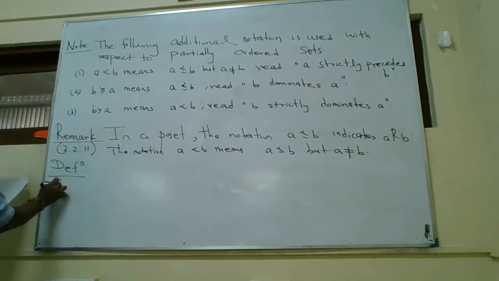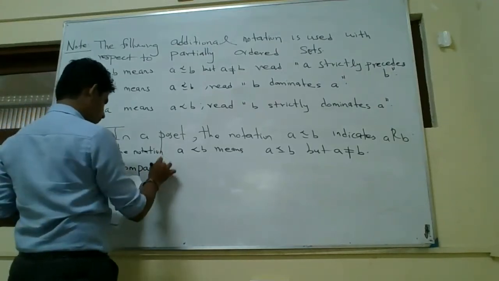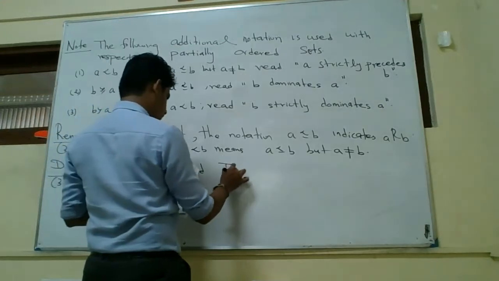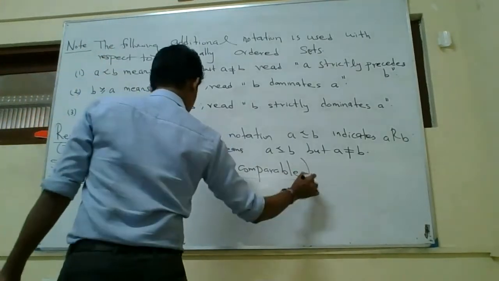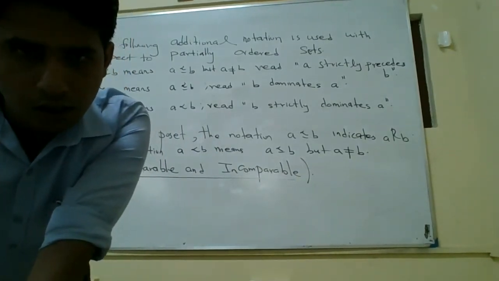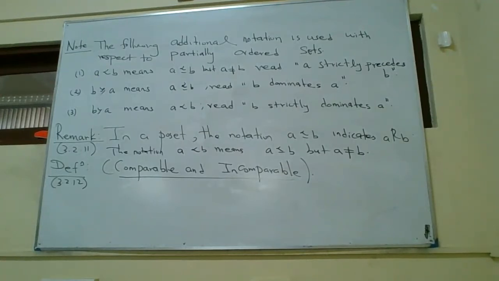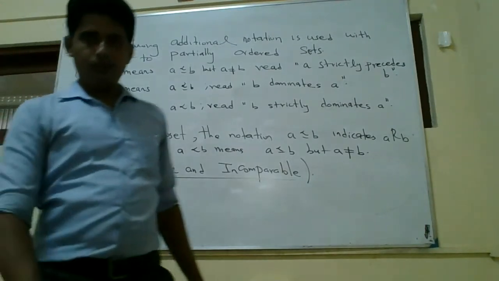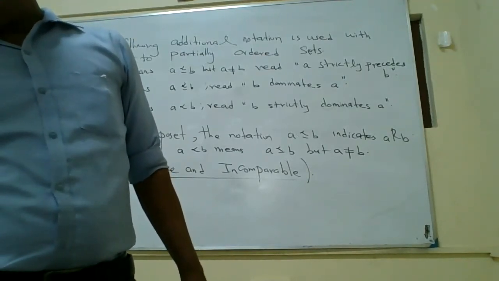Definition 3.2.12, comparable and incomparable.